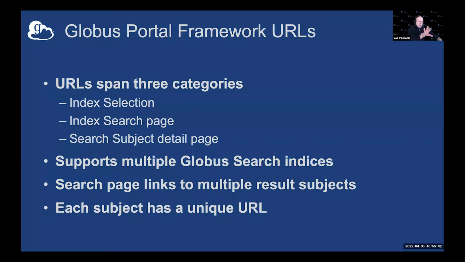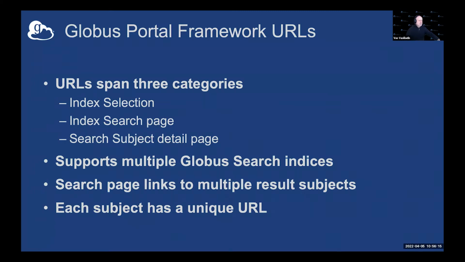So that's the one landing page, if you will. Then for each of those, there's that index search page. That's the one that I showed you for the materials data that we were filtering up and down. And then when I clicked on the specific datum, it took me into a details page. So that hierarchy, if you will, is something that's there, and you can just use it as is, or just plug in your own index. And we're going to do that in a real example here in just a little bit.